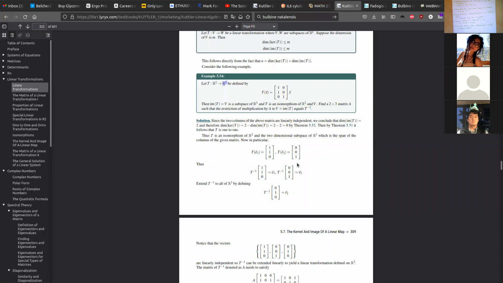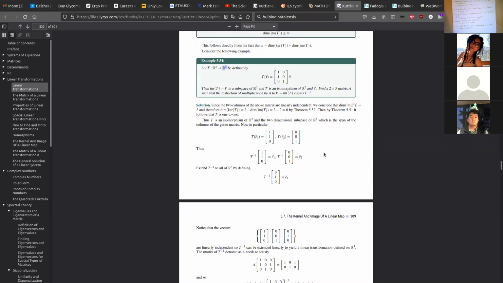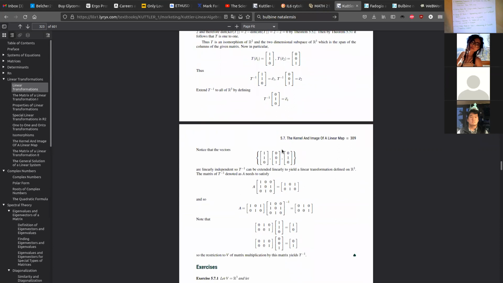However, that vector space, the image, sits inside a higher dimensional vector space. It sits inside R3. So what you have to do is find another vector that is linearly independent from the 2 basis vectors that span the image, which will give us an entire basis for R3.